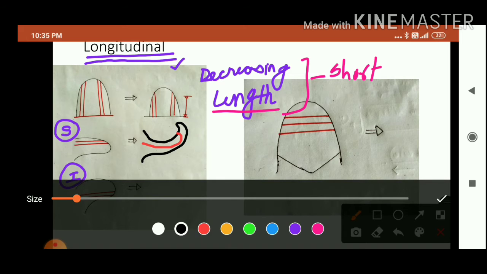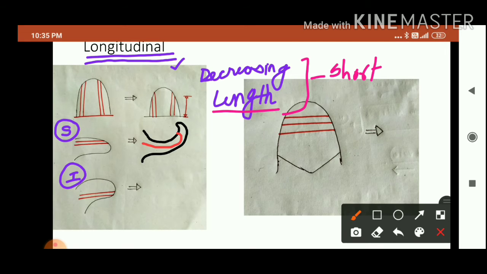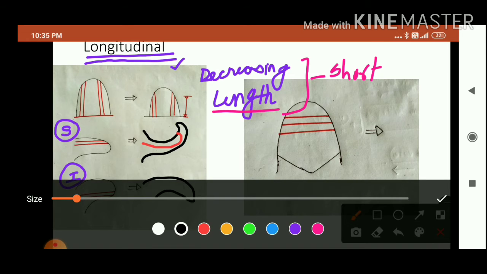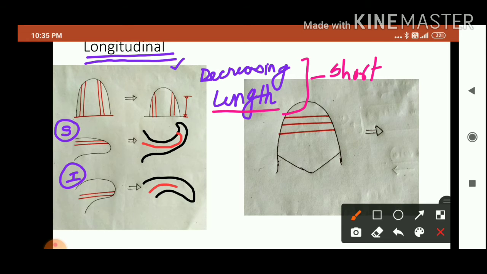And what about contraction of the inferior longitudinal muscle? It will make the superior surface of the tongue convex, along with shortening the length of the tongue. Okay, this is the function of the longitudinal muscles.